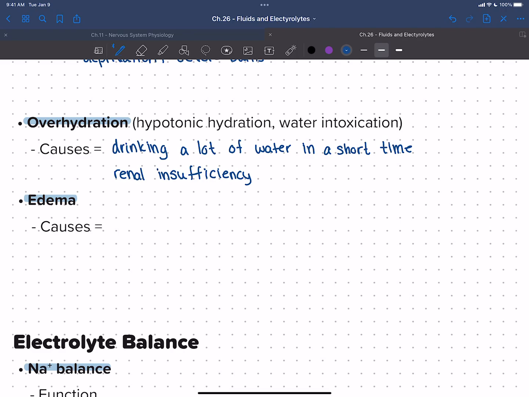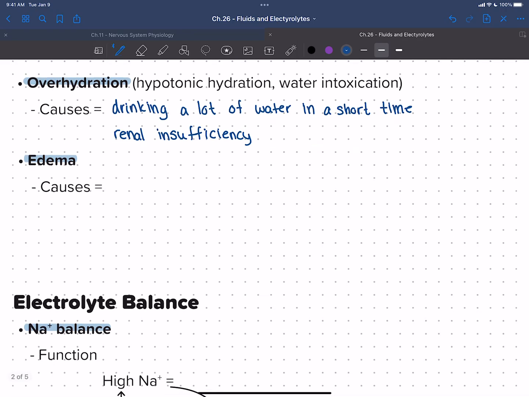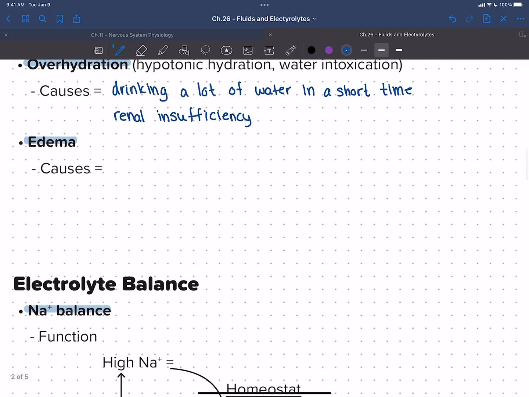Okay, so that's overhydration. All right, so then the last topic for this video, we are going to discuss edema. All right, and so edema specifically relates to an increase in interstitial fluid. And we've talked about this before with our lymphatic chapter and our blood vessels that we discussed.